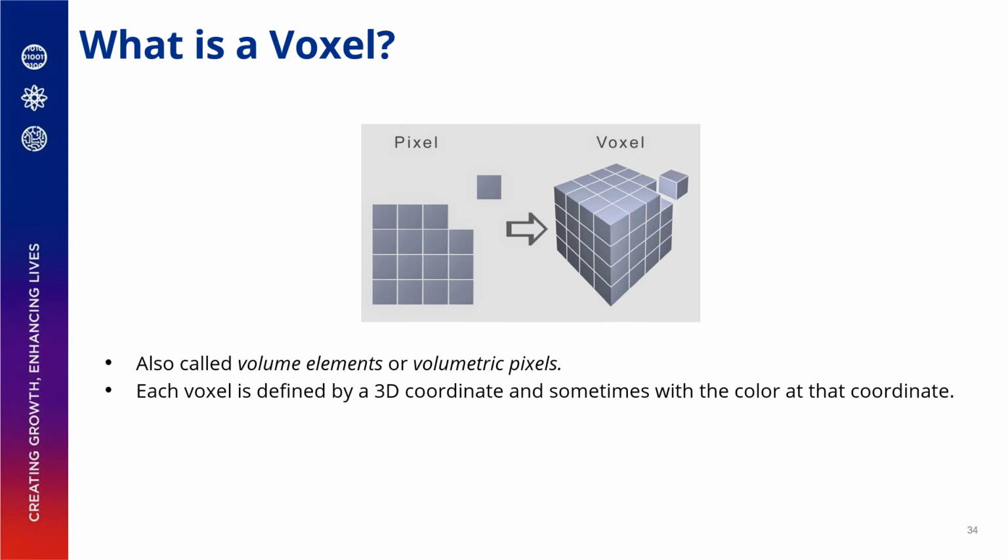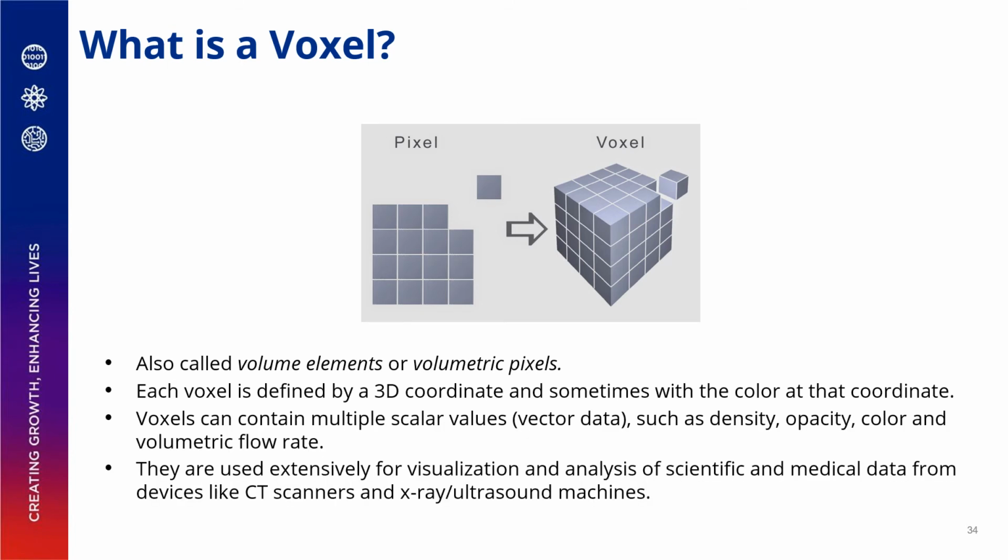So each of these voxels can be defined by a 3D coordinate, which is essentially the location in the scene. And it might also contain some color information, like what's present inside, what point lies in this voxel, what is its intensity information. So as I mentioned before, a voxel can contain multiple scalar values, right? If there's only one point lying inside this voxel, you could represent that voxel with that point's location and intensity information.